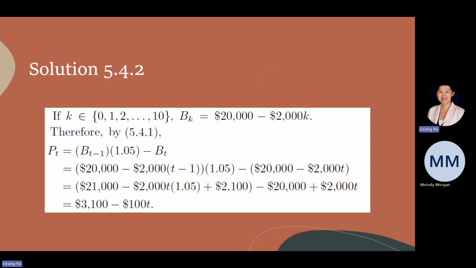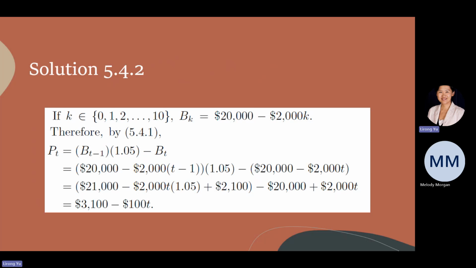All we have to do is substitute T or T minus 1 into the formula BK. And then we can start the calculation, the like terms are combined. Then we have a final formula, which is 3,100 minus 100 T. That's our formula. Any questions? That will be the plan.